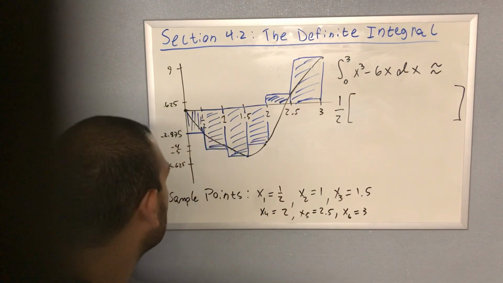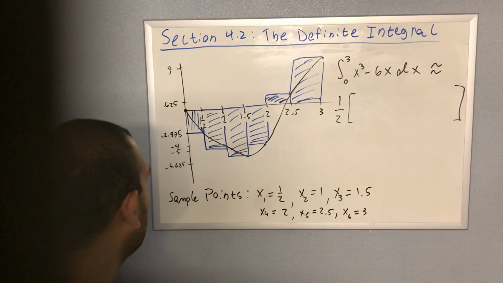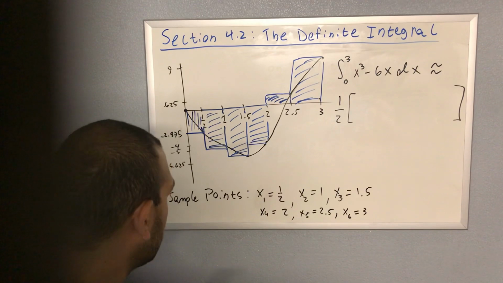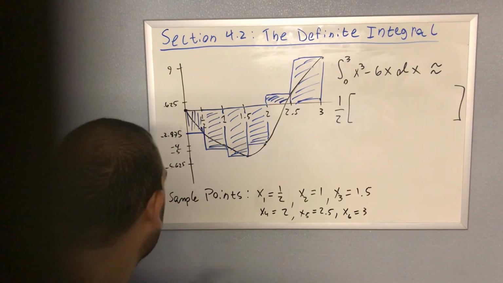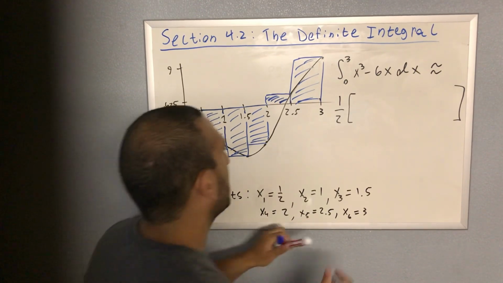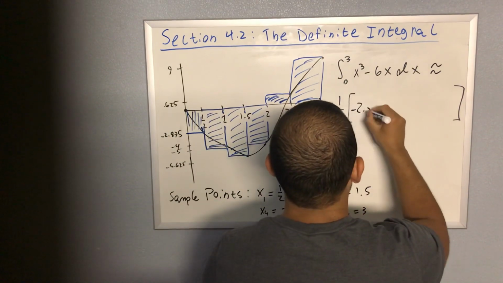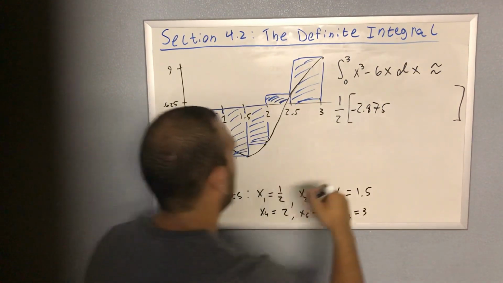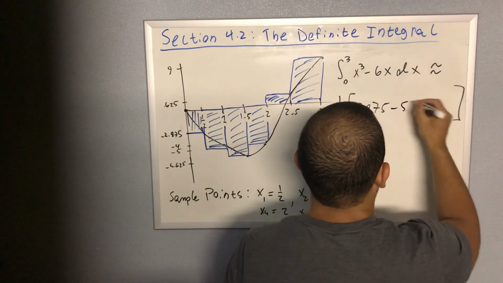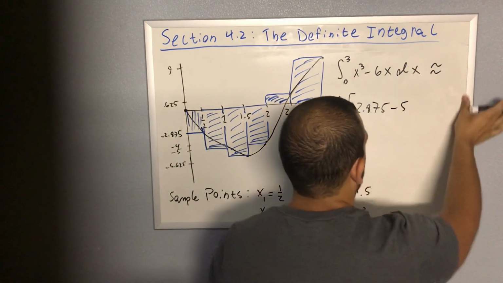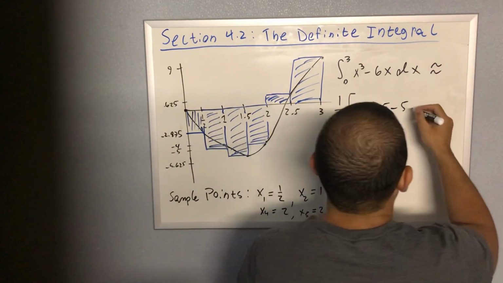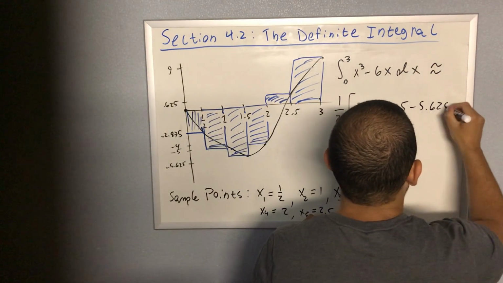So it's going to be negative 2.875, and then minus 5, and then I'm running out of space, I probably need to not close this bracket off here, minus 5, minus 5.625.